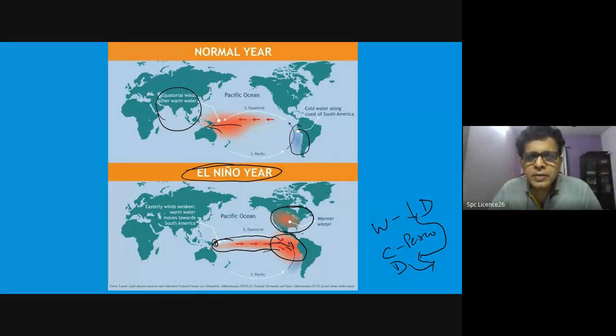But the important aspect is that, as Indians, we need to have a normal condition as far as these currents are concerned, because the year of the El Nino is going to be a difficult year as far as the Indian monsoon and effectively Indian agriculture is concerned. So the fewer El Nino years, the better, I would say, for the Indian subcontinent. The Peruvians will also partially dread the El Nino.